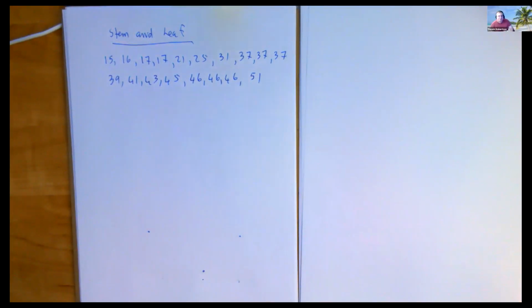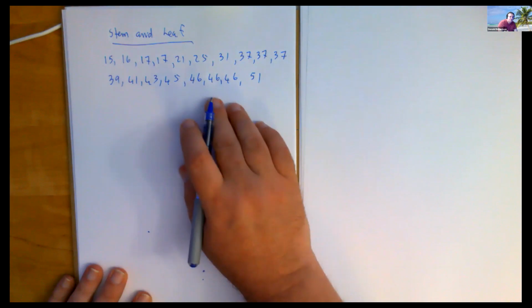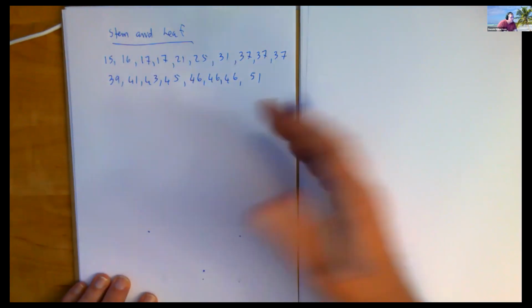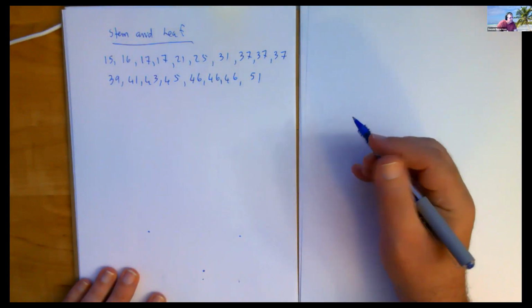Right, so there's a whole load of data. Maybe it's the ages of people in a statistics class. And we would like to take this data and visualize it, right? Draw a picture of it to make it a little bit easier to see.